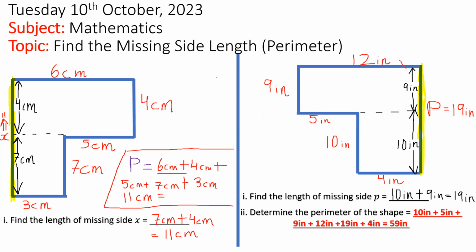When we add them all up, let's see, we have 6 plus 4 plus 5 plus 7 plus 3 plus 11. I got 36. Anyone else got 36? Yes, sir. 36 centimeters. All right, it's not 37, Kaden.